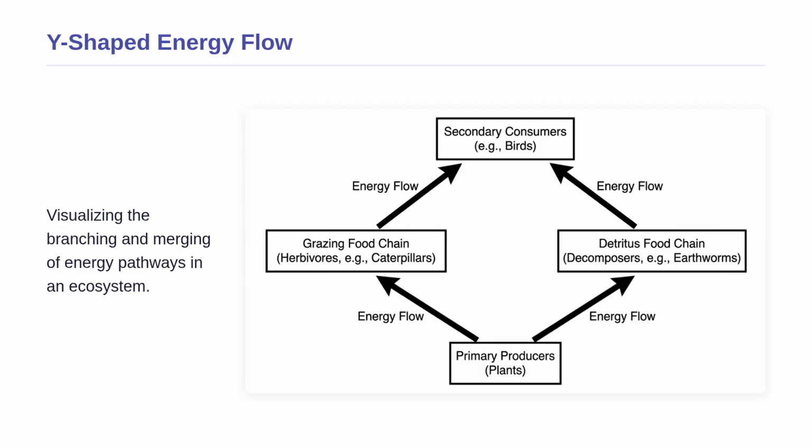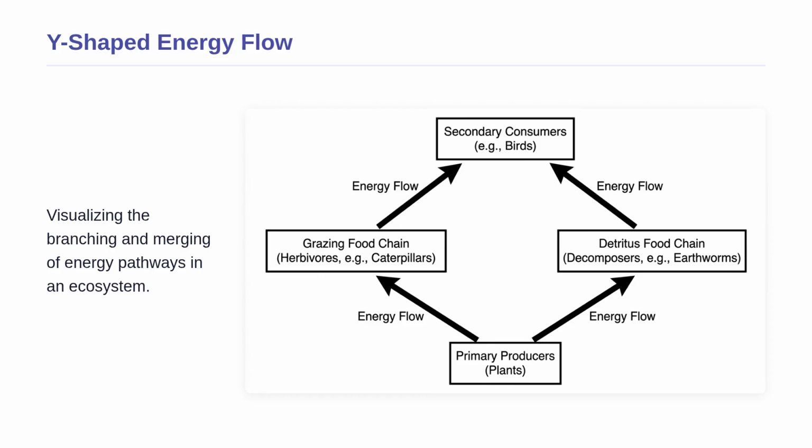Having calculated the energy flow, let us look at a visual representation of this entire process. Here, you see a schematic diagram of a Y-shaped food chain. At the very bottom, we have our primary producers, the plants. Notice how the energy flow branches outwards into 2 distinct paths, forming the base of the Y. The left path represents the grazing food chain, supporting herbivores like caterpillars.